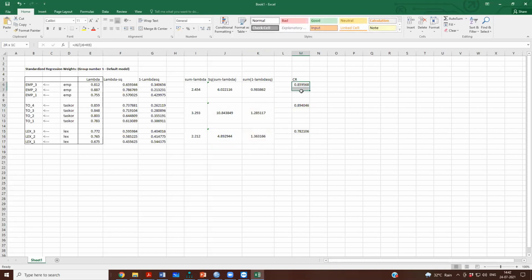Right, so we have now got our composite reliability for the three factors, and we had said yesterday that the composite reliability should be greater than 0.70, and we are getting good composite reliability for the three factors.